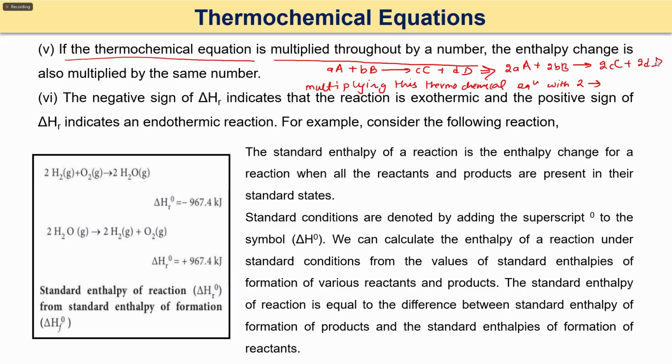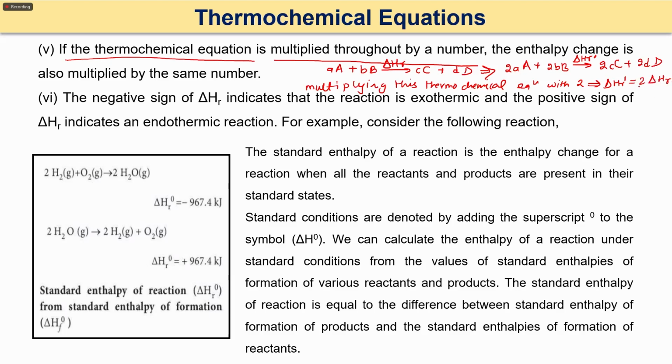Okay. So if delta HR was the enthalpy change for this reaction, then what will be the enthalpy change for this reaction? Let's say delta HR dash is the enthalpy change for this reaction, then your delta HR dash will be nothing but 2 of delta HR.